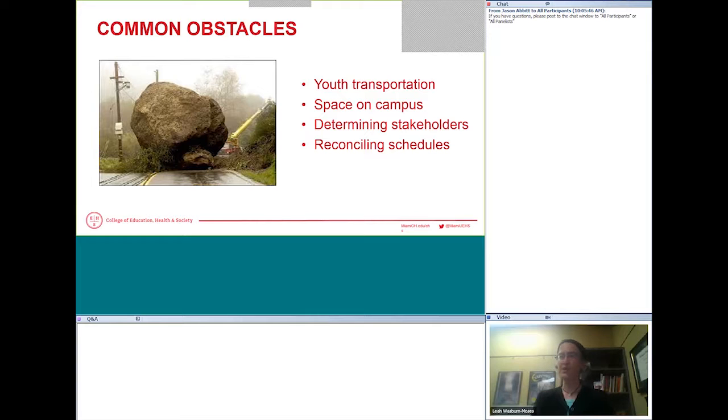Determining stakeholders seems like it would be pretty easy, but sometimes there are people in positions you don't know about. Like I accidentally offended our service learning people by not including them. At the school, our curriculum coordinator really wanted to be involved. So more communication is better.